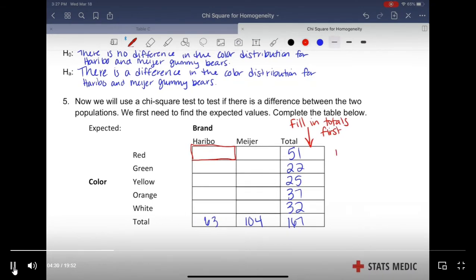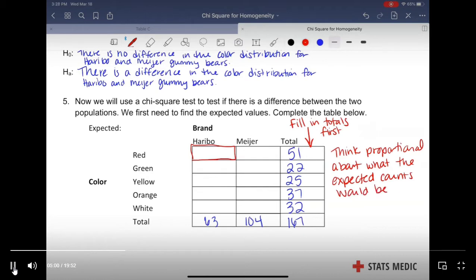So I'm going to write this in the margin here: think proportionally about what the expected counts would be if the distribution is the same.